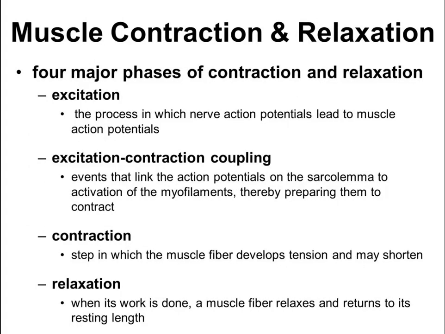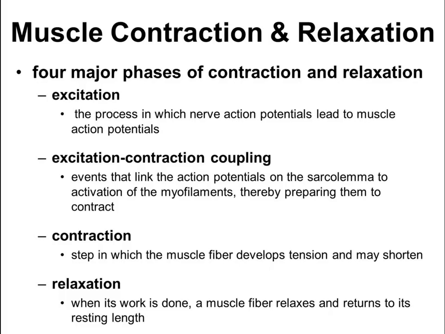There are 4 major phases of contraction and relaxation. The first phase is excitation. This is the process in which nerve action potentials lead to muscle action potentials. We then have what's called excitation-contraction coupling, and these are the events that link the action potentials on the sarcolemma to activation of the myofilaments, thereby preparing them to contract.